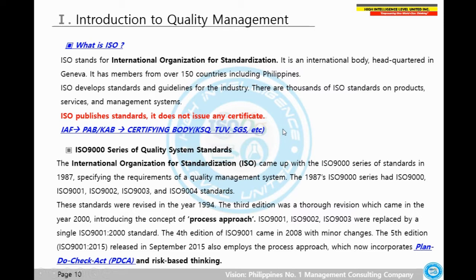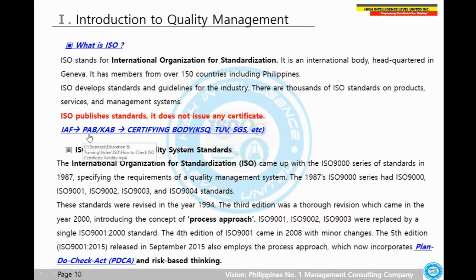So how is a certificate issued, and from the certificate, how can we find its validity? What does it mean? Actually, there is a hierarchy from the International Accreditation Forum to the local accreditation body.